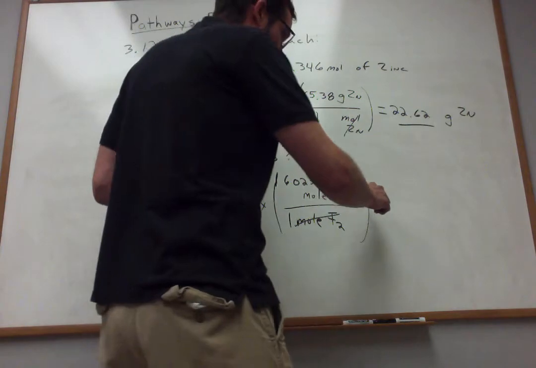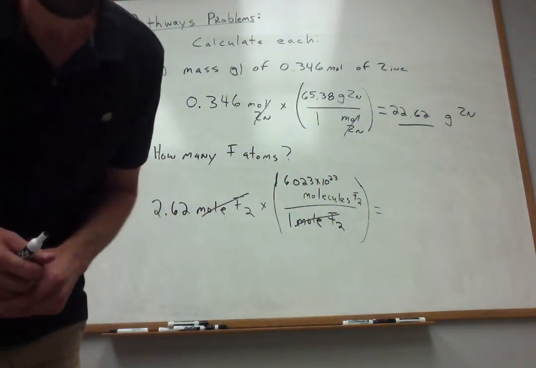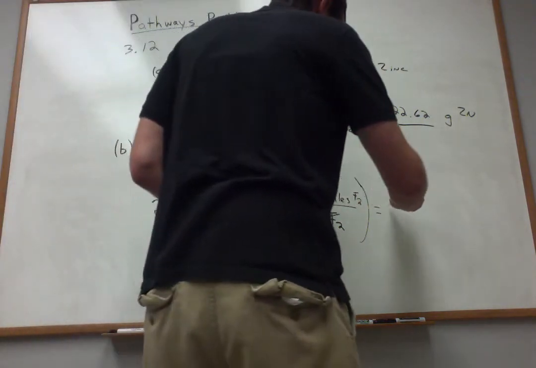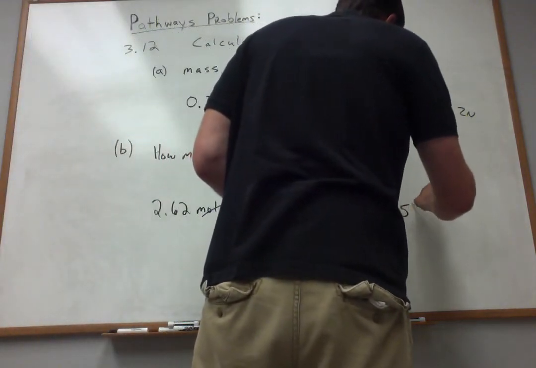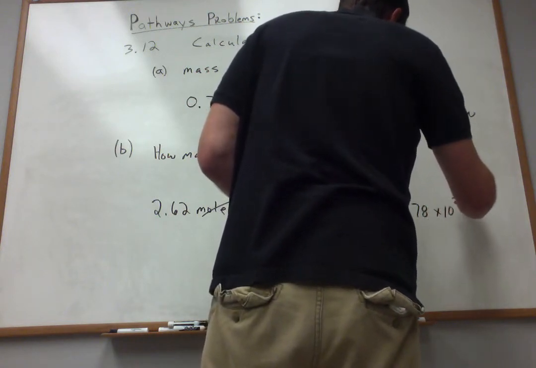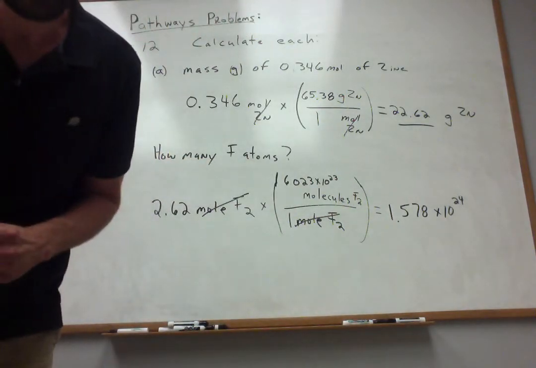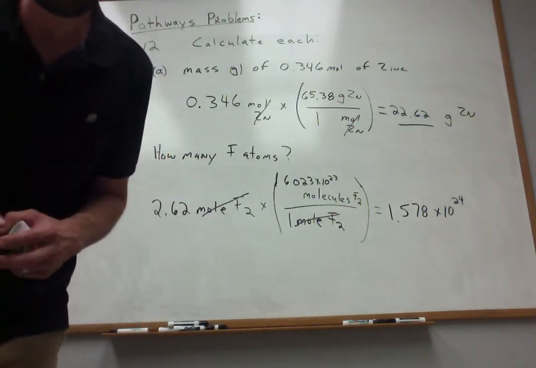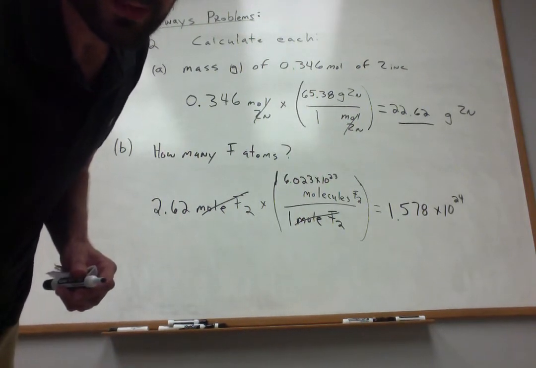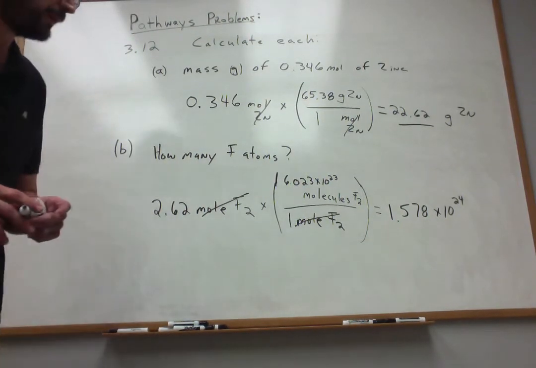So just to finish this off, let's report the number that I would get. If I check my calculator, it looks like it's 1.578 times 10 to the 24th, for 2.62 moles.